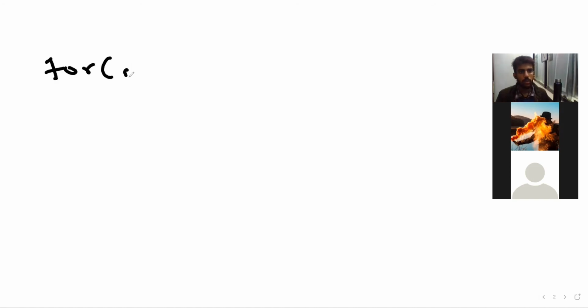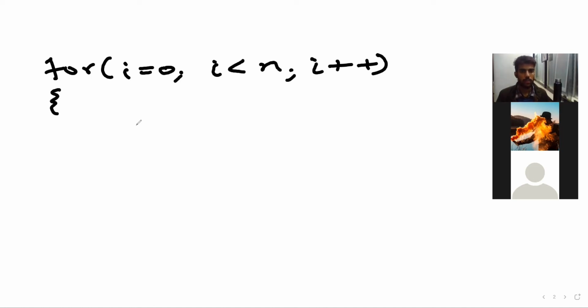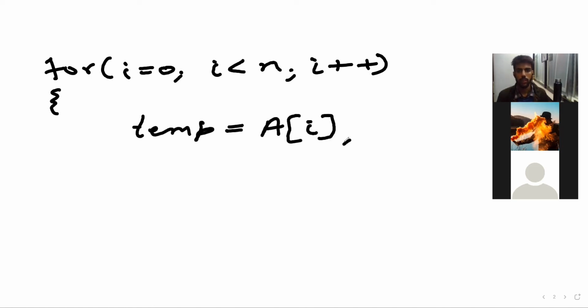Let's start with i equals to 0, i less than n, i plus plus. A of i, we would first use the temp variable and store the value of A of i in this.